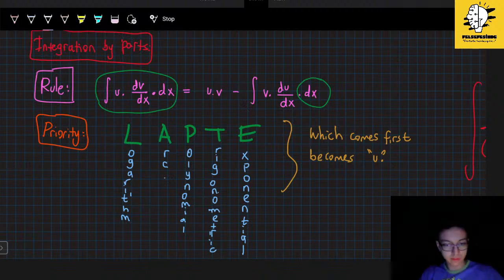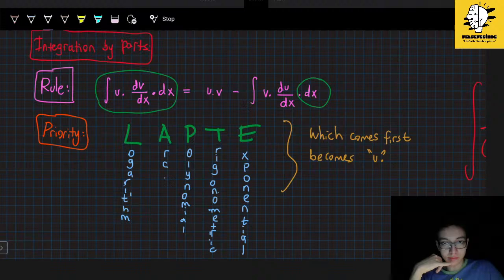So you may ask, how do we assign functions to u or v? There is a very simple method, and this is LATE. LATE is the abbreviation of some names of functions. First one is logarithmic. The second is arc, meaning arcsine, arctangent, arccosine, any arc function.